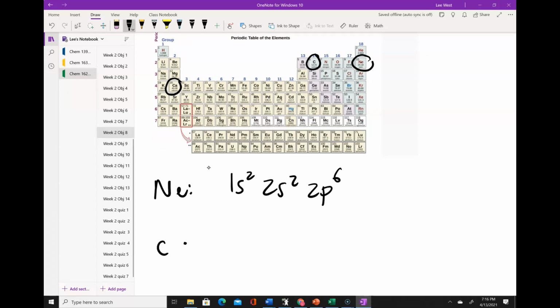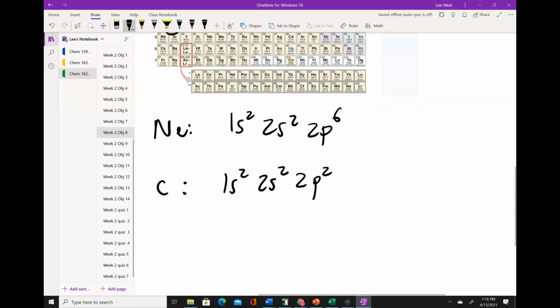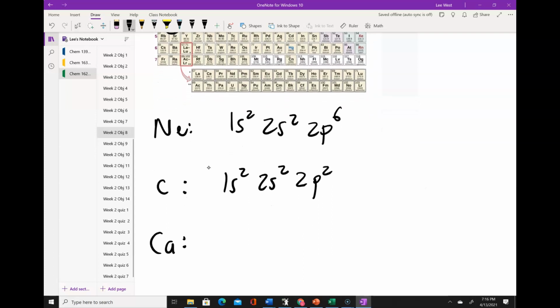Now I'm going to do carbon, 1s2 gets me to helium, 2s2 gets me to beryllium, and then 2p1, 2p2 gets me to neutral carbon. And then finally calcium.